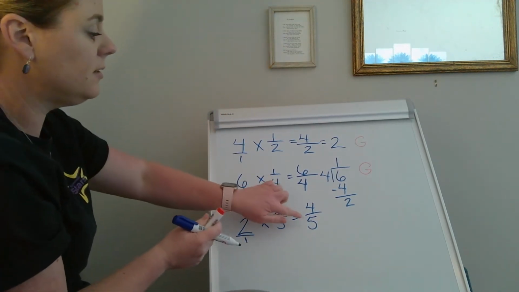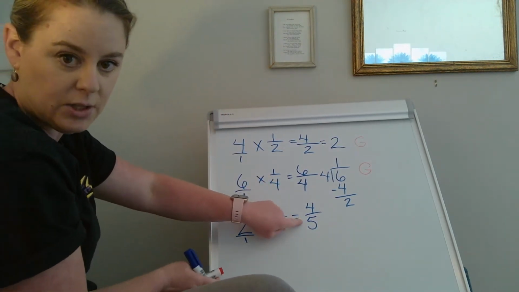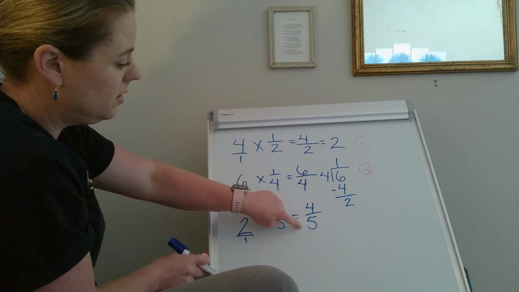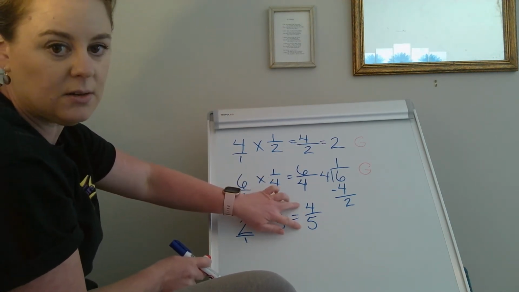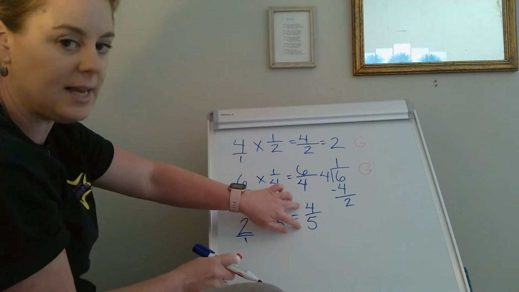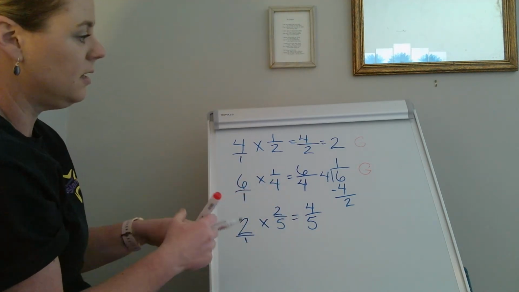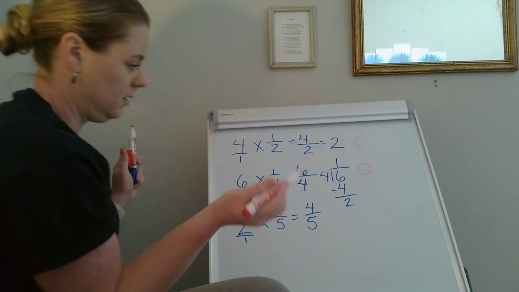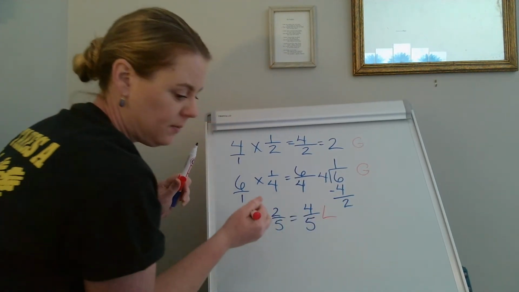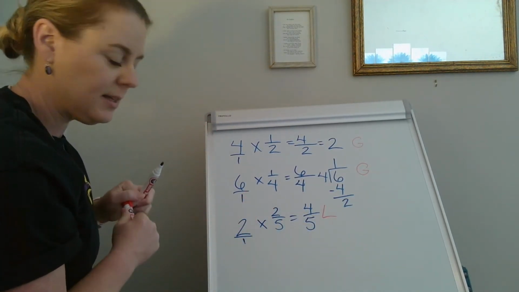Now this is just a regular fraction. It's not improper, so this is our answer. Our answer is 4/5. Is that greater than or less than 1? Yep, so this one's less than 1. So pop that up into that less than box.